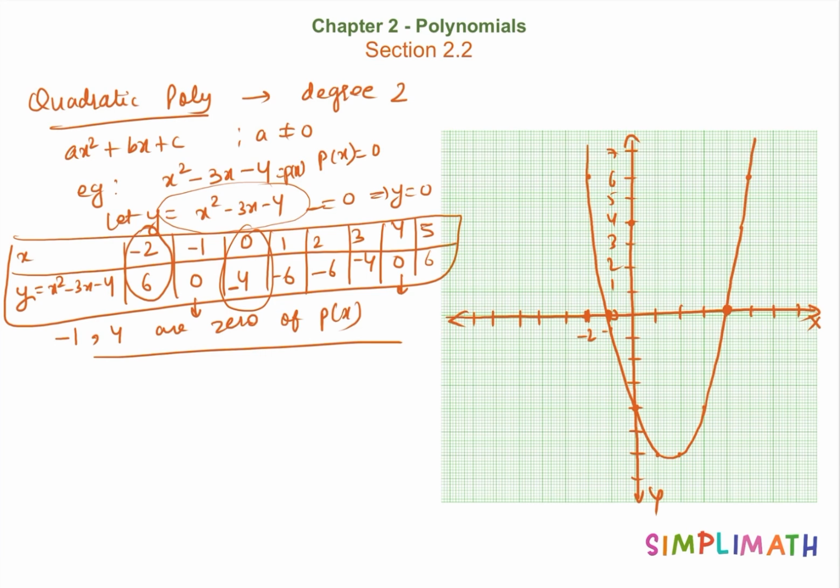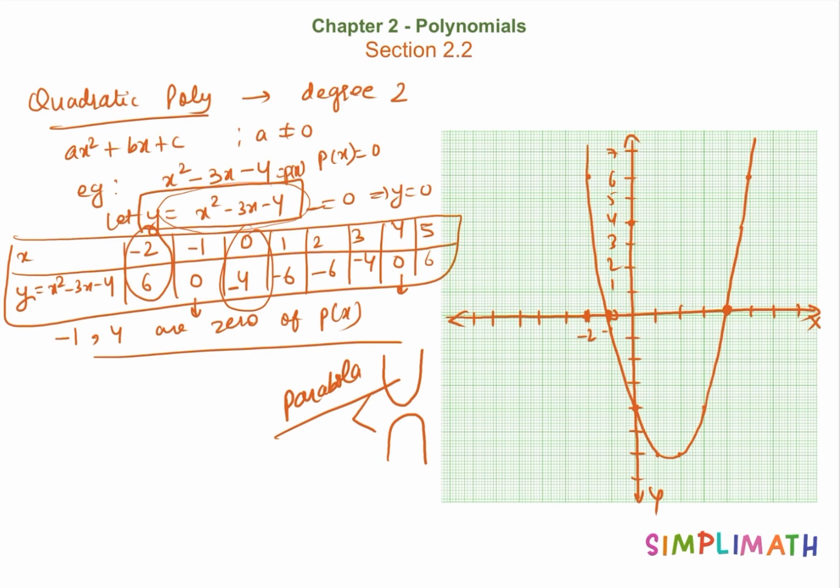this is not accurate, but for your understanding, this shape, whenever we get it, is called a parabola. So when you plot a quadratic equation like y equals x square minus 3x minus 4, you get a parabola. Here the parabola is open upwards and in some cases it might be downwards.